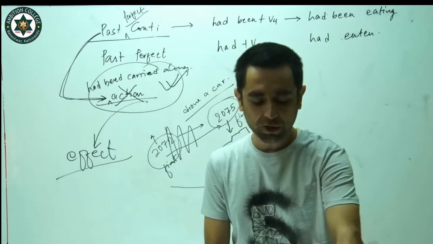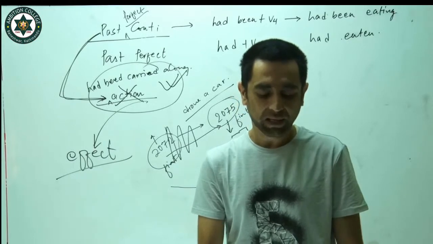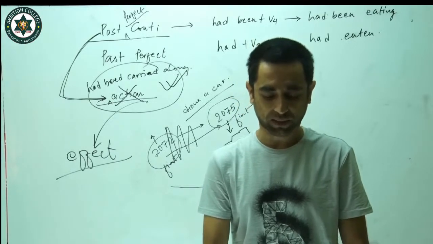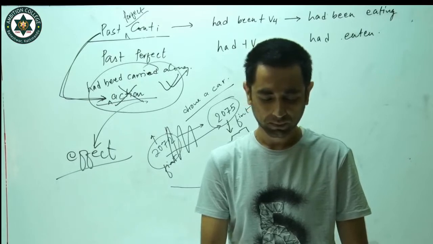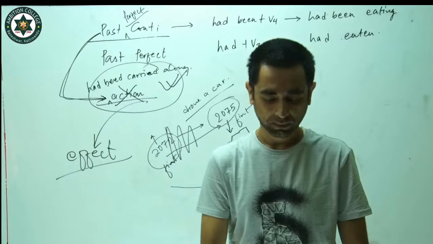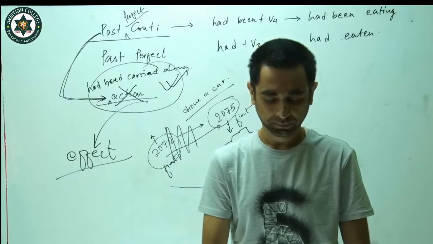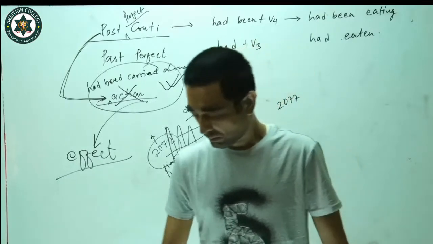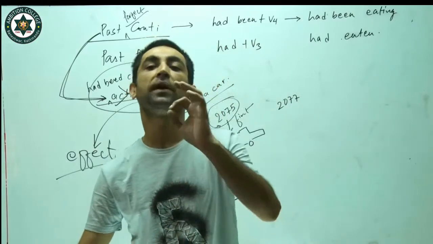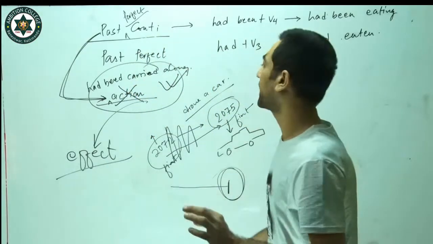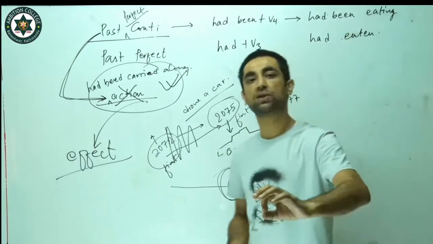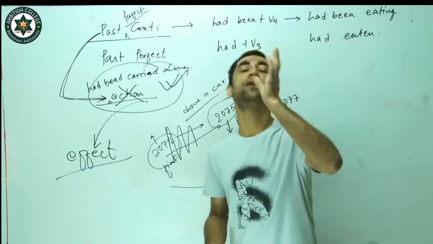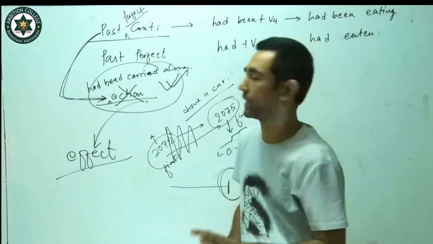Now let's take a small example today just for the introduction. Now let's have the brief introduction about the topic that we are going to discuss tomorrow. Tomorrow we are going to discuss defining and non-defining relative clauses.